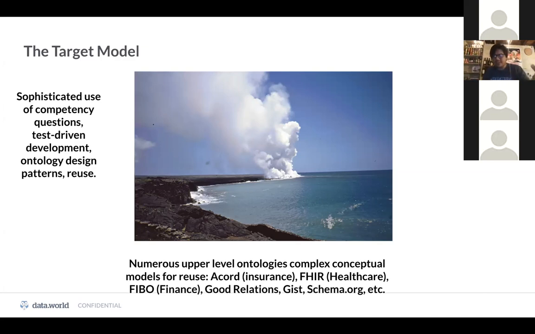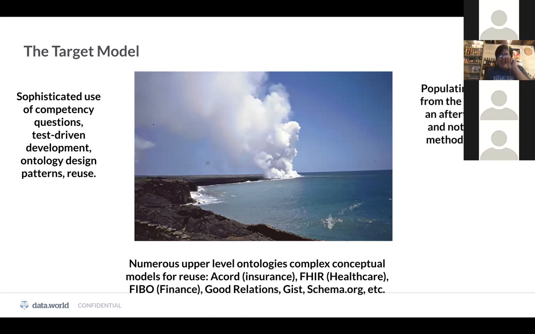So insurance has something called Accord. Healthcare has something called FHIR. Finance lately developed something called FIBO, the Financial Industry Business Ontology, et cetera, et cetera. The idea is that you should reuse the existing conceptual models. But these things are so big and so complex that when people see them, they're so confused that they probably use them as an inspiration, and then they go off and do their own thing.